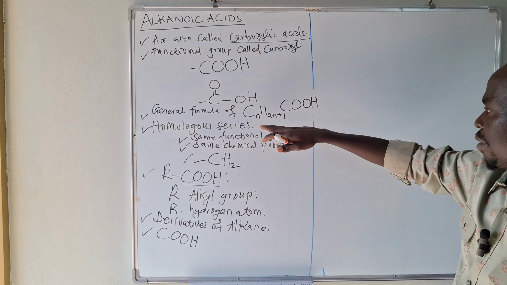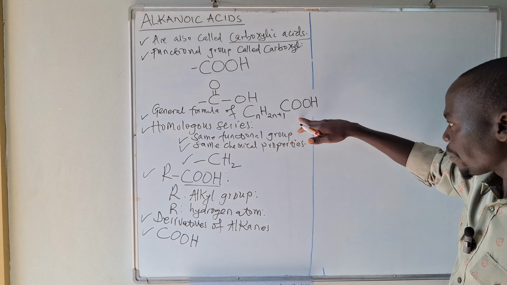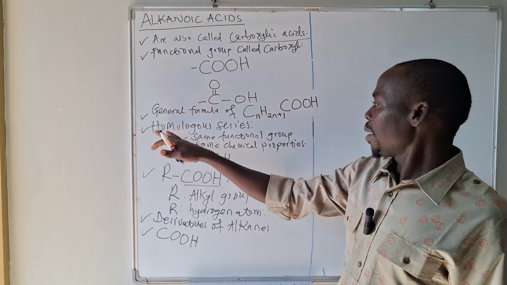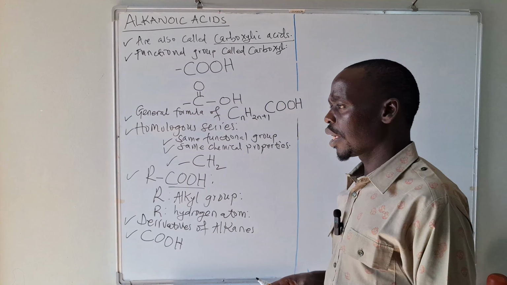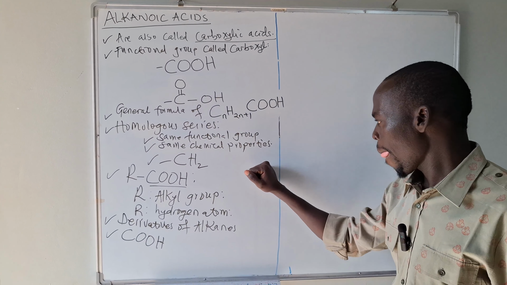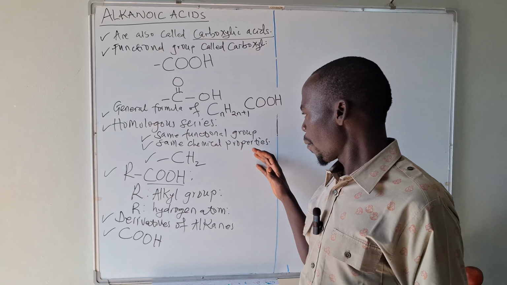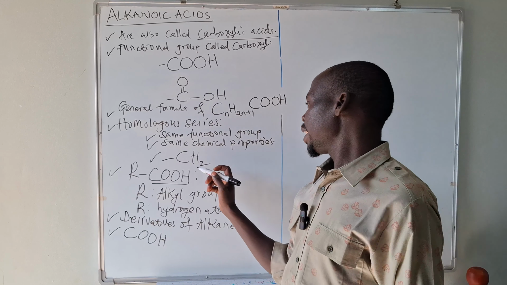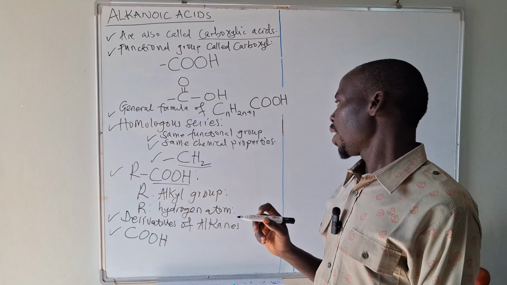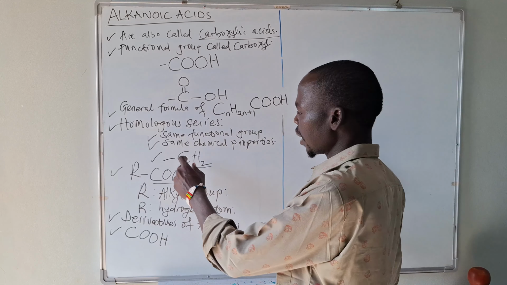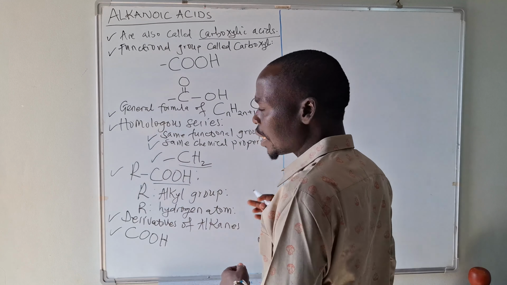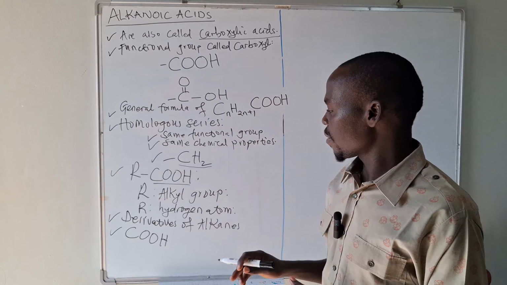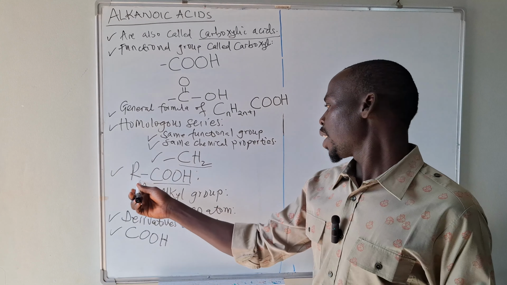Then they have a general formula of this kind, and they form a homologous series, in which members have the same functional group and the same chemical properties, and each member differs from the next by CH2.